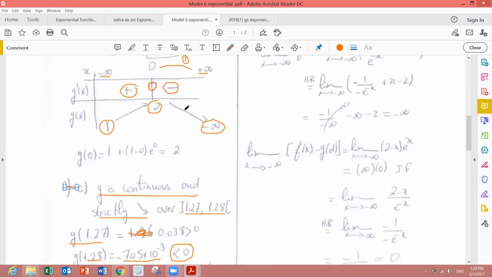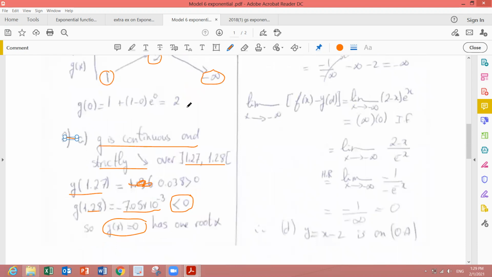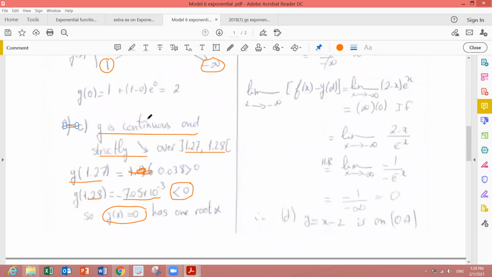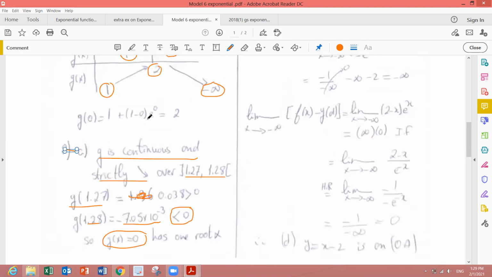So the curve of g cuts the x-axis at one point, at one root alpha. Ustaz, sometimes you told us it gives us a number and we compare with it, if we say f(x) equal number or g(x) equal number, yes.